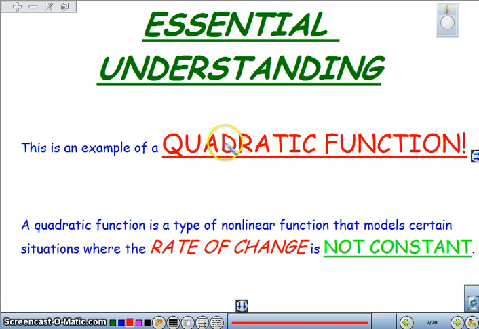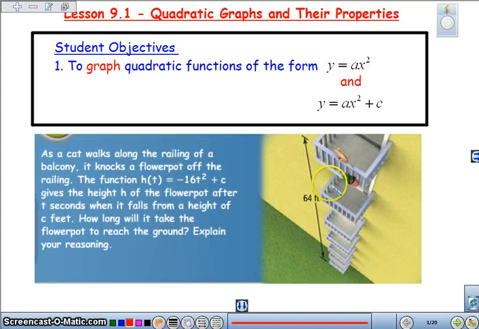Key thing to understand is you look at your notes, an example of a quadratic function. So when we look at an example of a quadratic function, it is going to look like one of these two. It could also look like this one here.